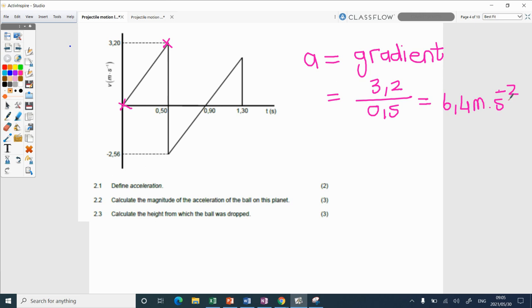No. If you see the word magnitude, you don't have to worry about direction. It is a vector, but magnitude means size, so they're only asking for the size. But if you were going to give a direction, what would you say? Downwards. Don't say positive, negative, nothing.